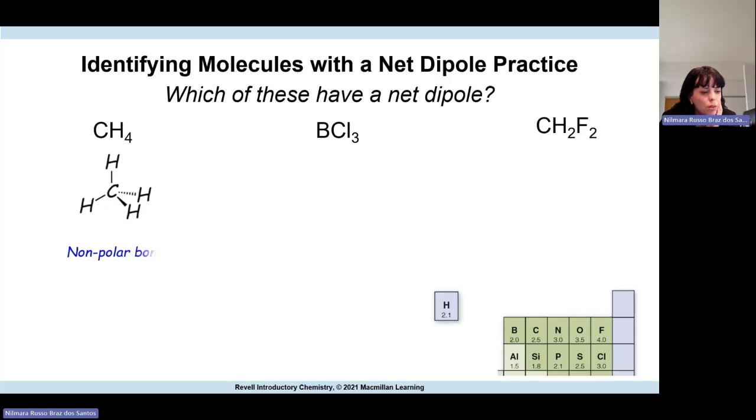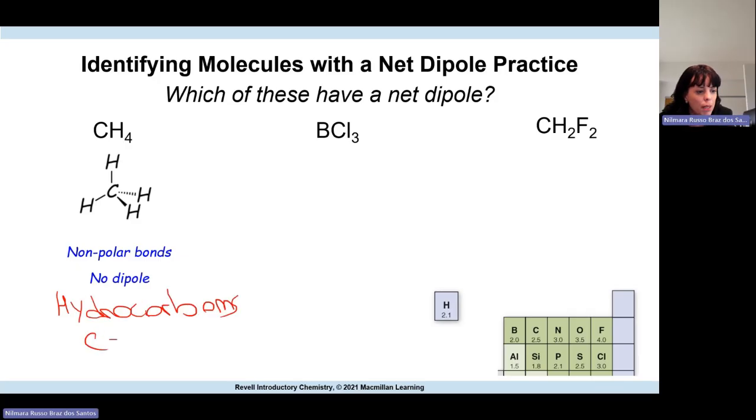First, let's draw. We have a non-polar molecule here, because they will attract the electrons in opposite directions. We have no dipole. All the hydrocarbons, which are molecules with carbon and hydrogen, are non-polar molecules, okay? There's one over here with symmetry, 1, 2, 3.